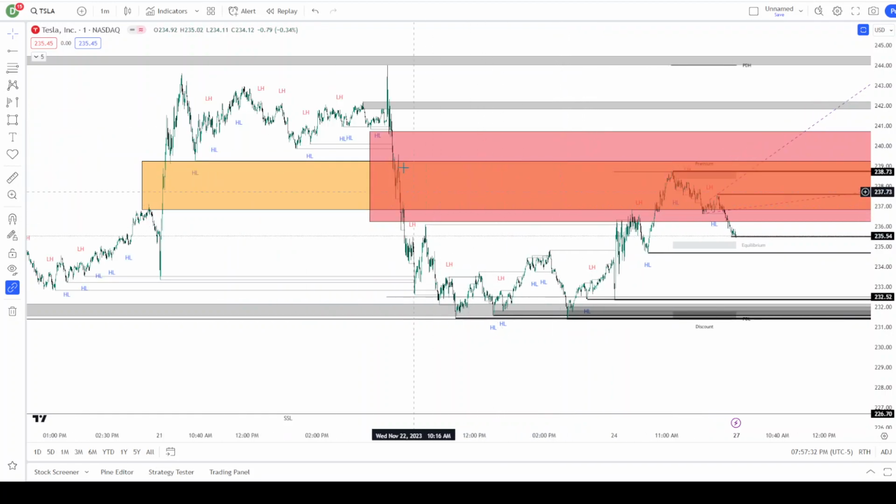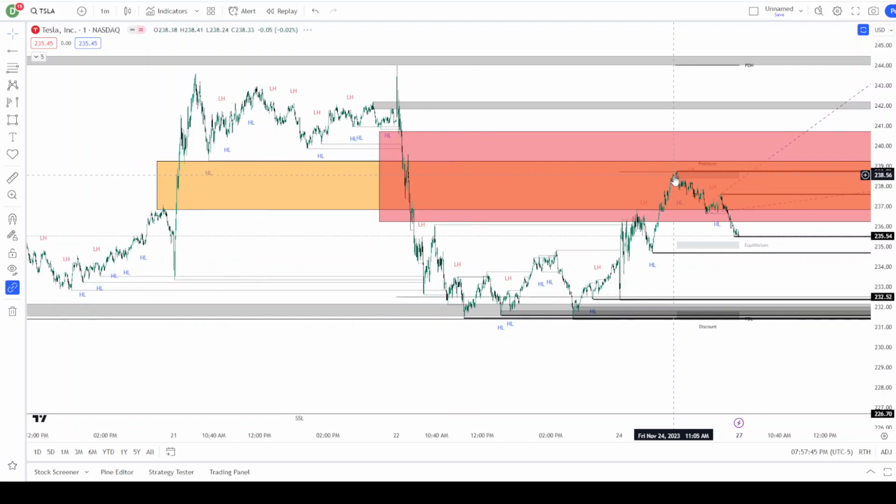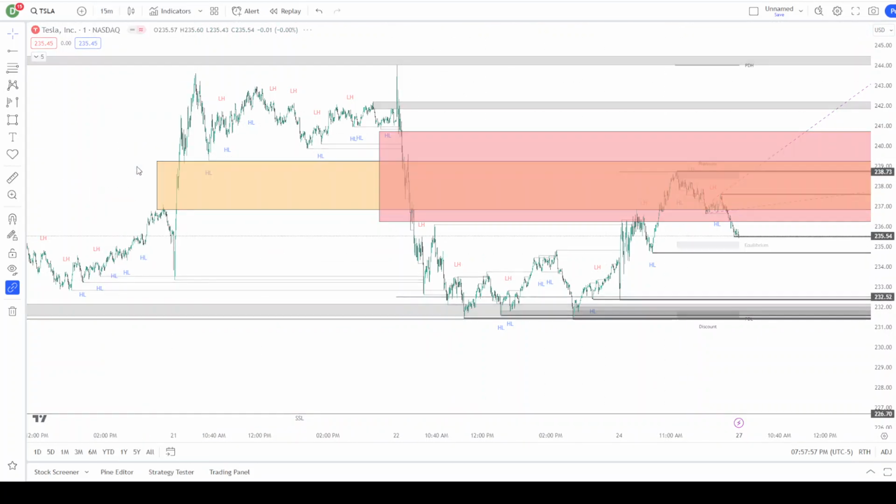But that's also showing us that our most recent market maker sell model is right here in these fair value gaps on the 1 hour and 15-minute time frame that we've traded back into. So currently, it appears that it's a market maker sell model, and we haven't seen the rest of the distribution yet. We only caught that on Friday, so we'll see if that plays out, but that's what that looks like. So now let's drop back down to the 15-minute chart.